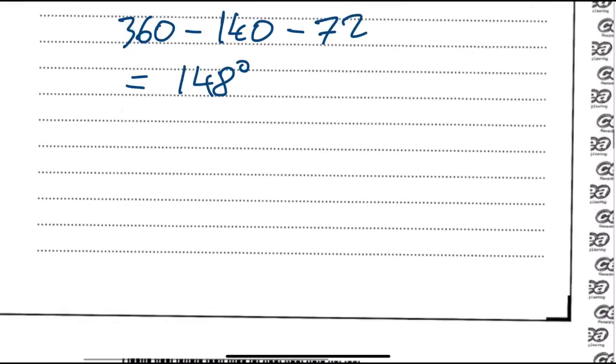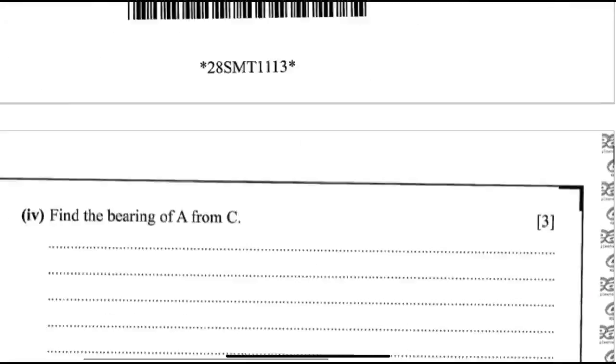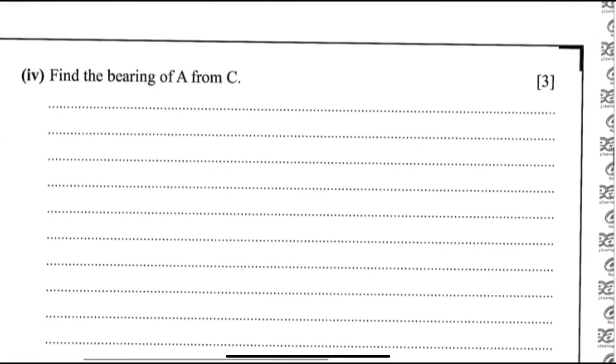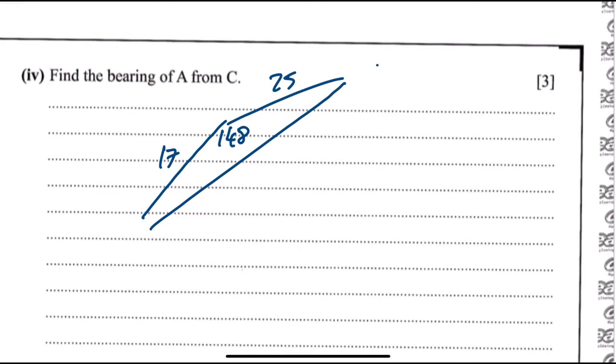So we're going to go back and use our sine rule to do this. Remember what we've got so far: that was 17, then that was 25, that was 148. That's our angle C, which is what we're looking for. And we had worked out that this side was 40.43317.